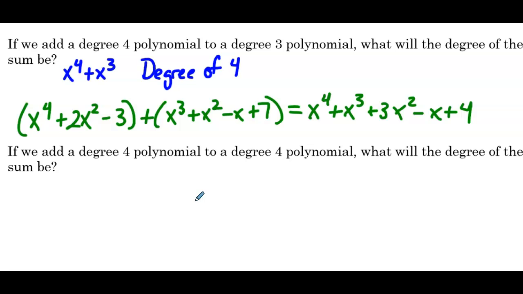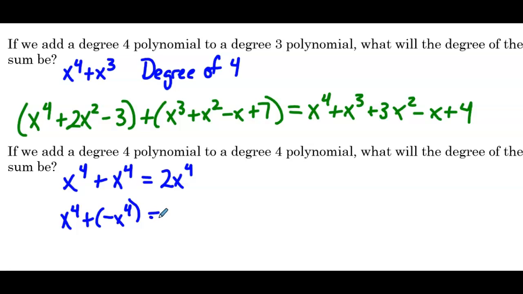Well, now what happens if both polynomials have the same degree? That's going to be a little bit tougher. If we start the same way that we started above, with two simple degree 4 polynomials, x to the 4th plus x to the 4th, that would be 2x to the 4th, which is degree 4. But just as simple would be x to the 4th plus negative x to the 4th, which combining those two like terms would be 0.